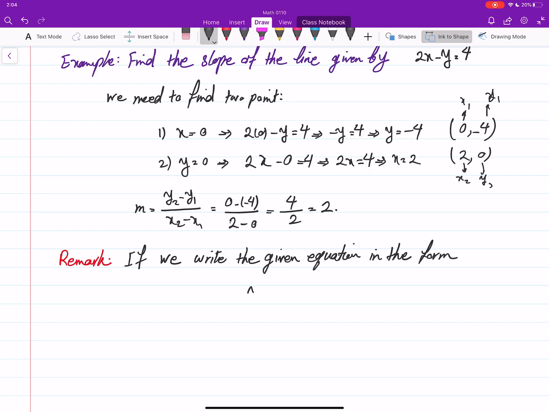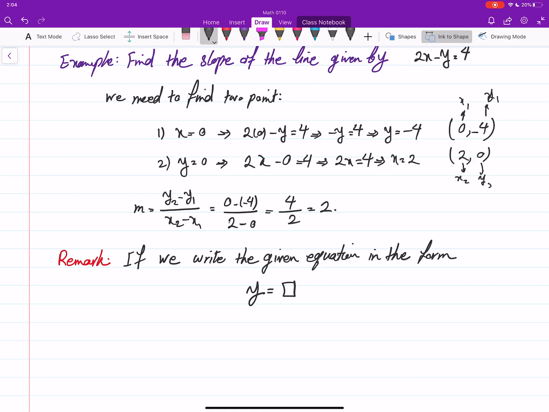so what is the form? Y is on the left hand side, everything else is on the right hand side. So there will be some constant times x, plus another constant. Let me call this b. So y alone on one side, no coefficient, everything else on the other side.